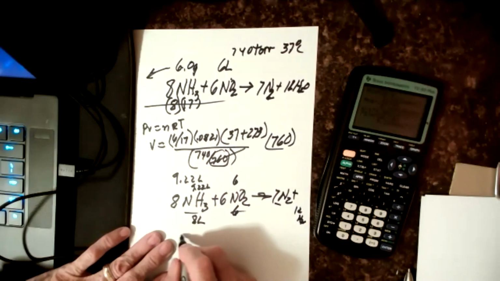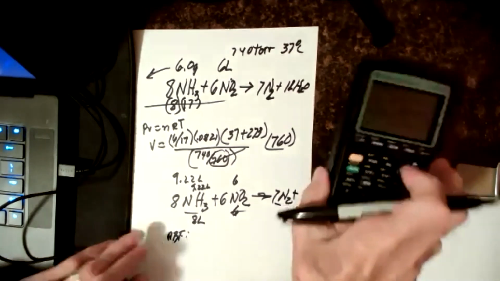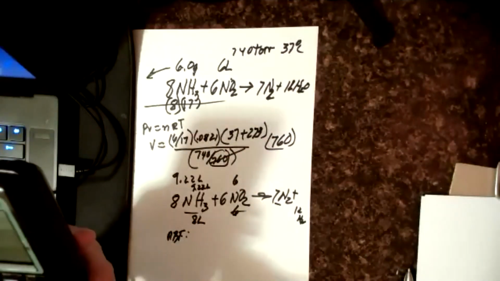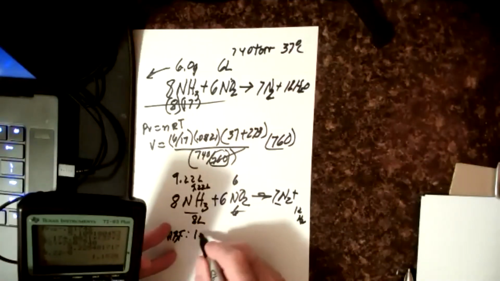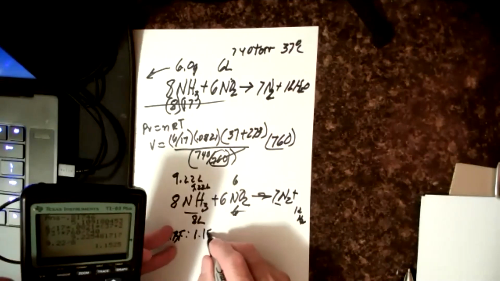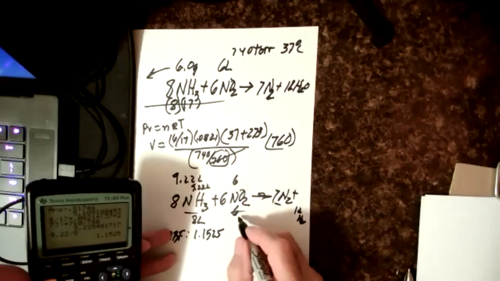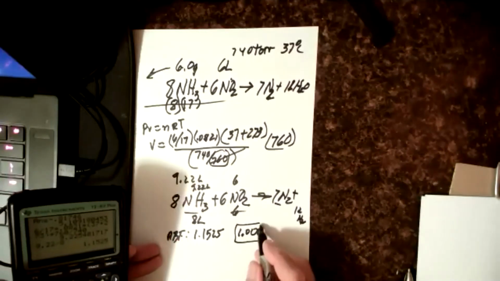So my rebalancing factor here is 9.22 divided by 8. That's 1.1525. 6 divided by 6 is 1.00. So this is my limiting reagent.